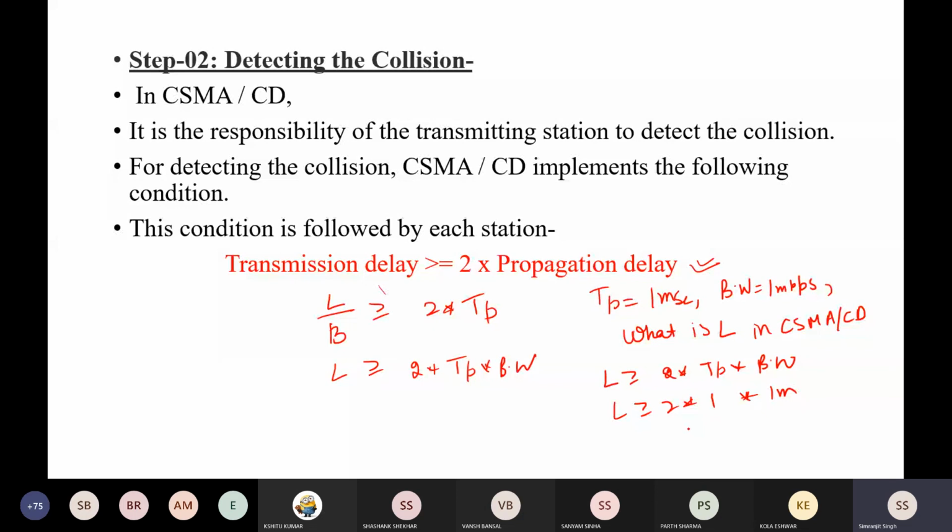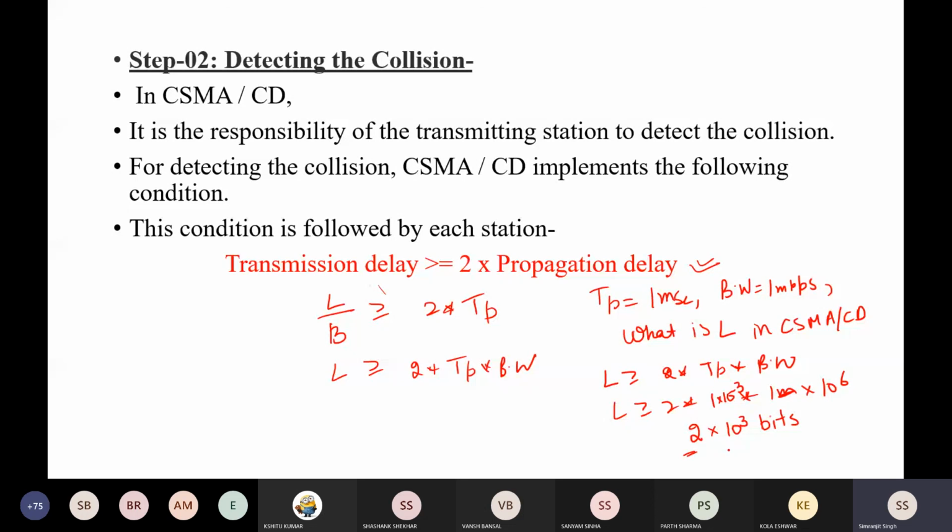Okay, so I get the units out. A millisecond is 1 into 10 raised to power minus 3. Bandwidth is 1 into 10 raised to power 6. So this way, cancelling it out, it will be 2 into 10 raised to power 3, in the form of bits.